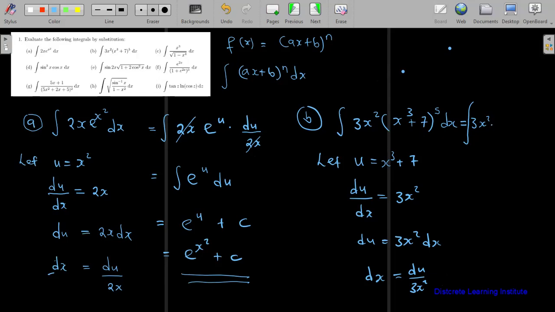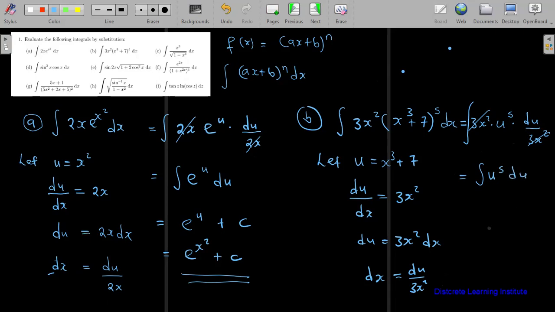So it is multiplied by u to the power 5, then multiplied by dx, for which we substitute the formula: du over 3x squared. You can see that the 3x squared and the 3x squared cancel. This becomes the integral of u to the power 5 du.